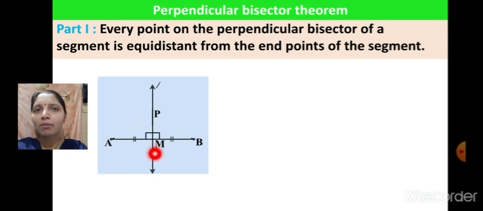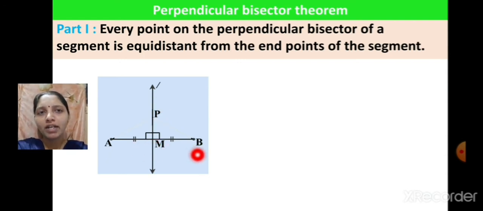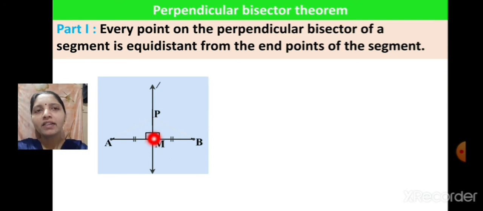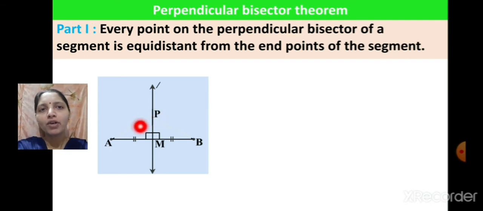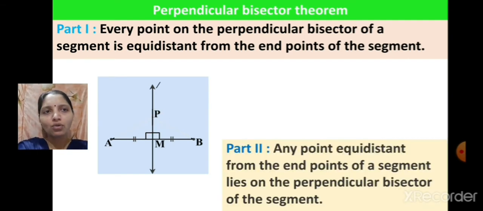That means if you draw a segment and a perpendicular bisector of that segment, here line L is the perpendicular bisector of segment AB, then M is the point of intersection and it forms a 90-degree angle. Then if you consider any point on this perpendicular bisector, that point is equidistant from the endpoints of this segment. Here I have considered point P, and this point P is equidistant from point A and point B. So any point here you can consider.